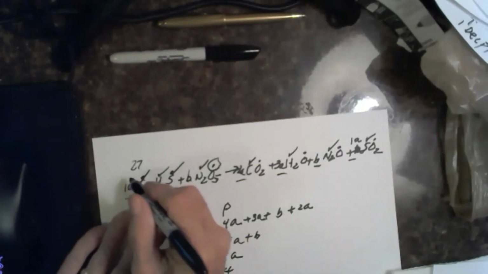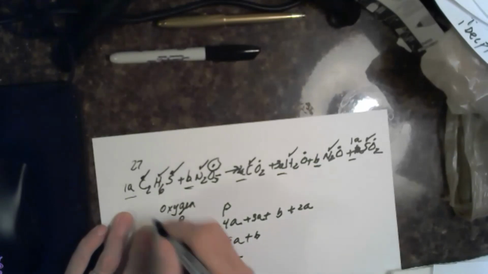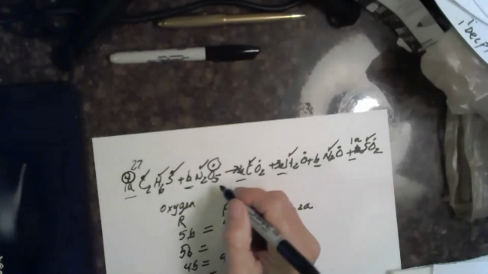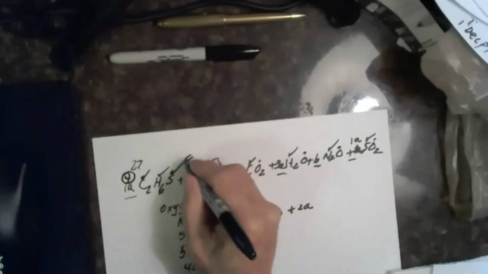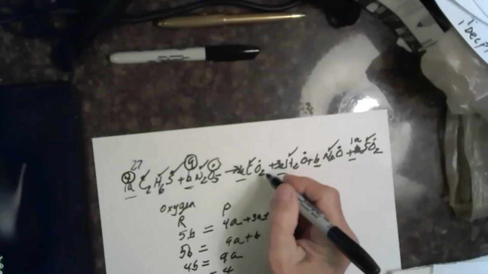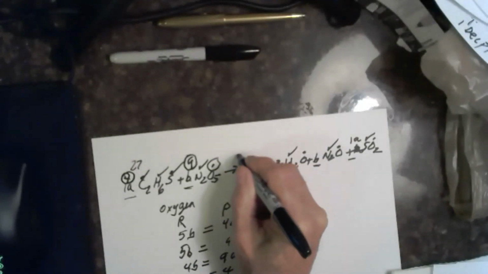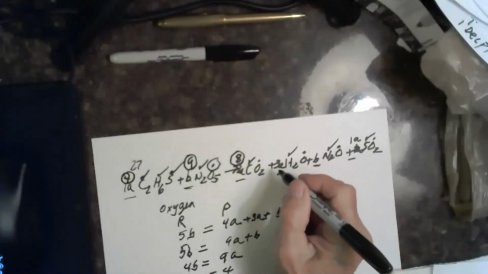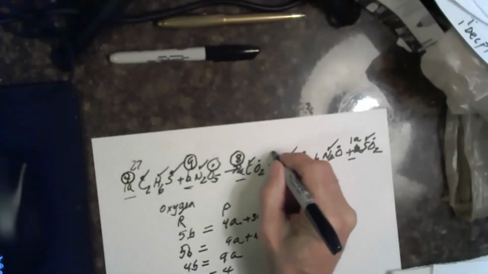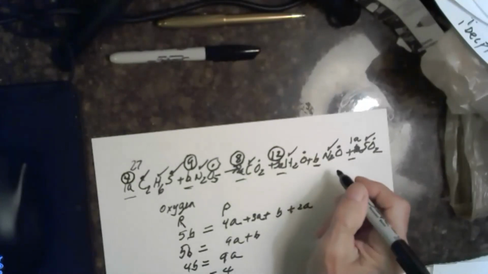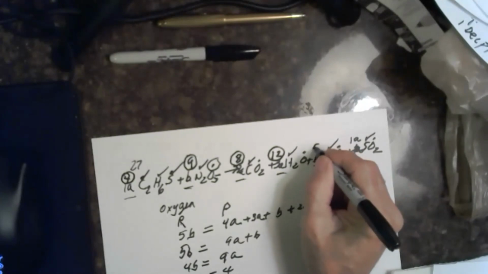So if A is 4, this coefficient is a 4. B is a 9, this one is a 9. This A is 4, 4 times 2 would be 8. This is an A, 8. 3A, 3 times 4, this is a 12. B is a 9, that's a 9.